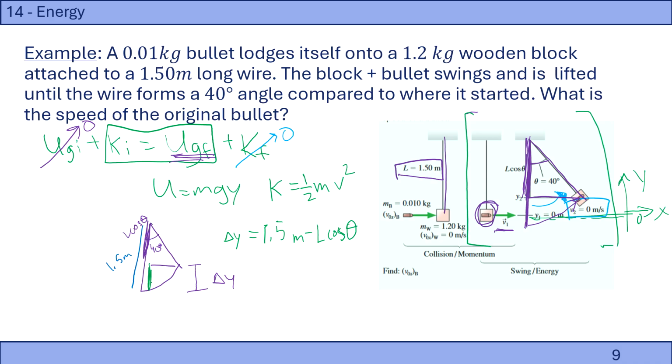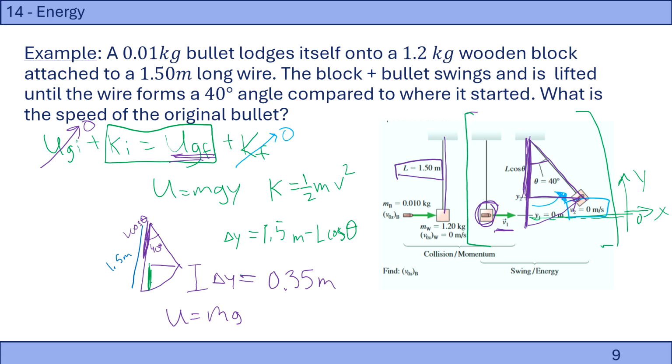And if you do that subtraction, so L is 1.5 meters, then you'll get, let's stick with purple here, that delta y equals 0.35 meters in the air. And so U is equal to, and let's keep this as variables for now, we'll just keep that value 0.35 meters.